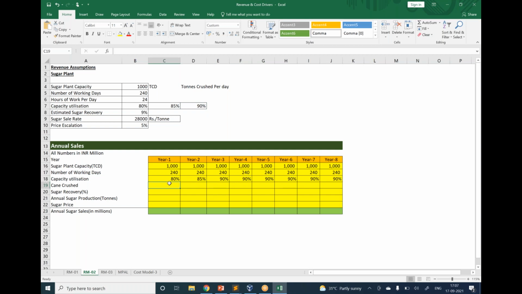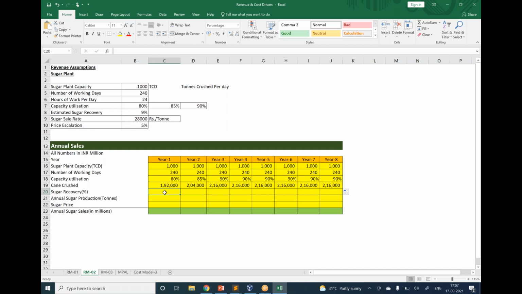So how much cane will be crushed equals sugar plant capacity into number of days 240, but you only get 80% of it because the remaining 20% is wastage. Then what happens?